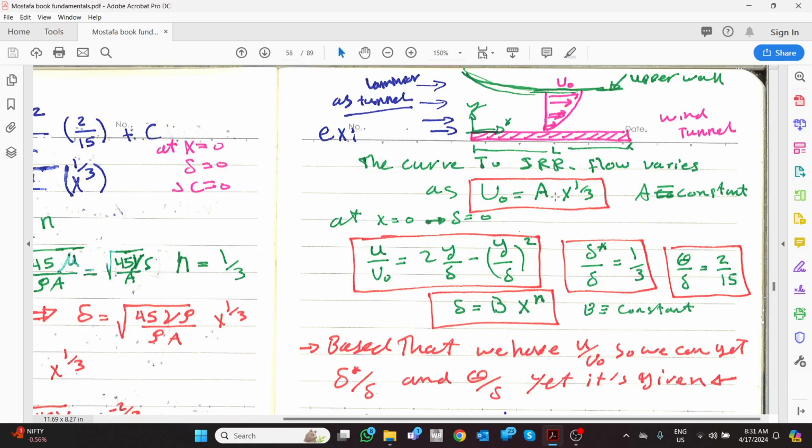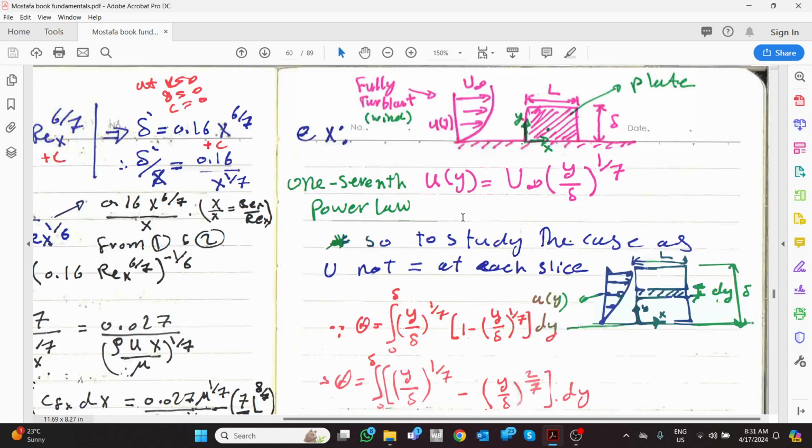Here it is easier, but we start to identify that u naught can be not constant, not like before. Then we'll go to more complication. We know u naught is not constant, not due to the plate, not due to the tunnel, because for example, it is a wind, it is coming as turbulent flow.